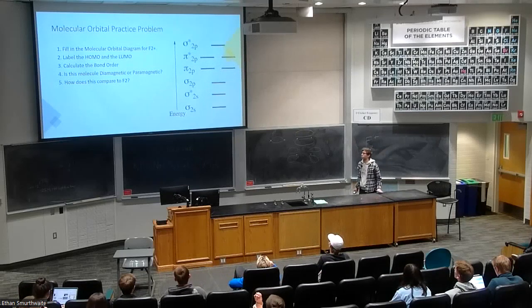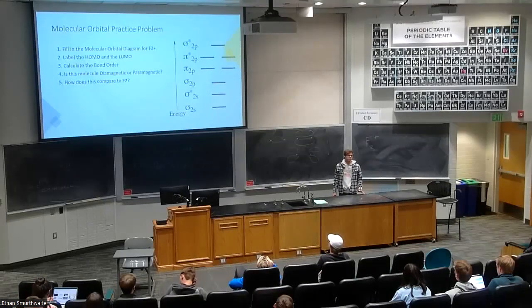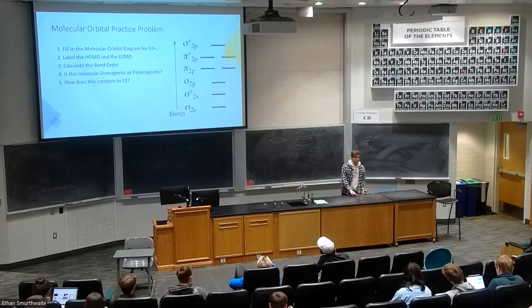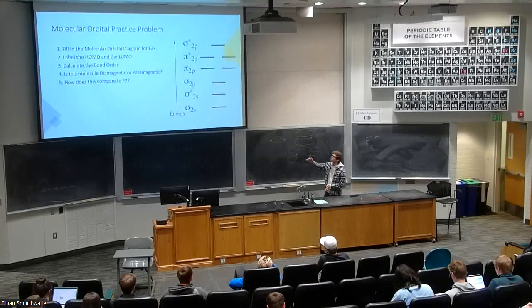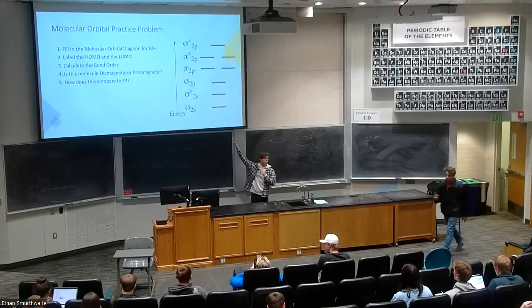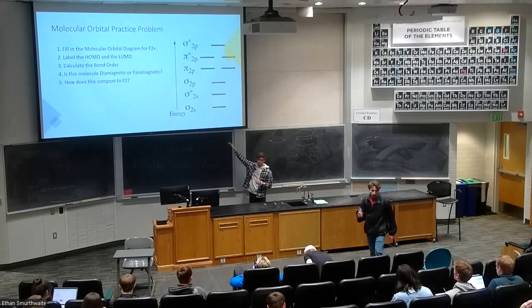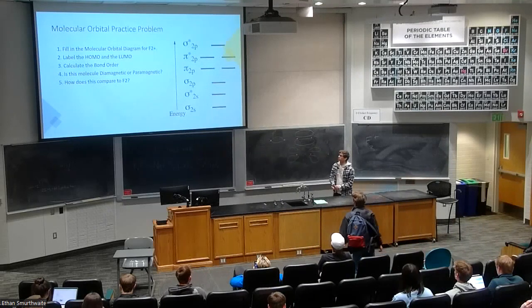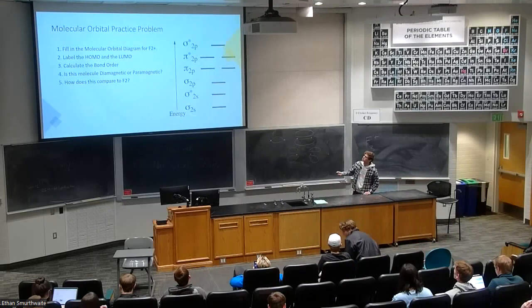What is the bond order? 1.5. How did you find out 1.5? So you do the number of bonding electrons. There's 2 here, there's 2 in this one, this is bonding.